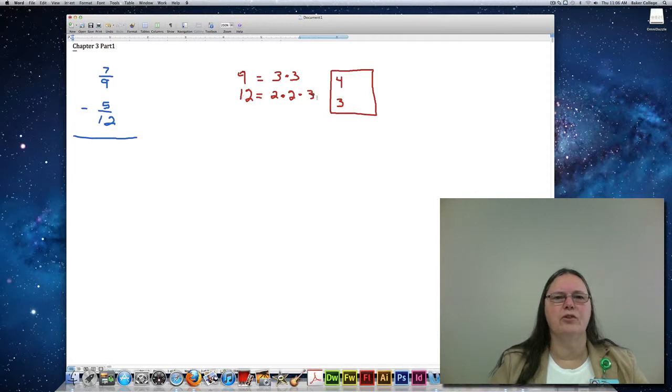So 3 times 12, so you take the number in the box and multiply it by the number you started with. 3 times 12 is 36, and 4 times 9 is 36. So over here, let's look at what we do. The 9 needs to be increased by a factor of 4.